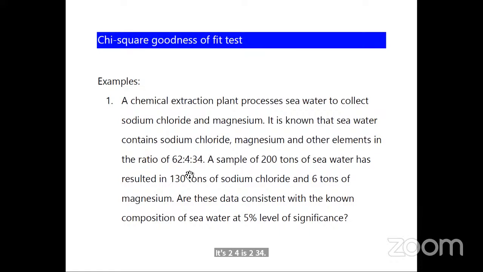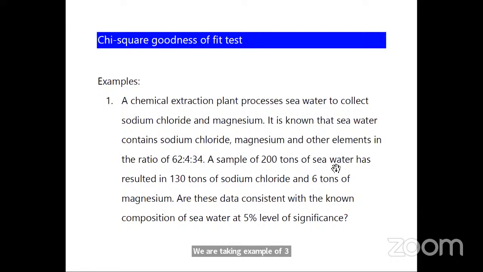Means if total 100 observations are there, 62 correspond to the first category, 4 to the second category, and 34 to the third category. We are taking an example of three proportions or three groups.